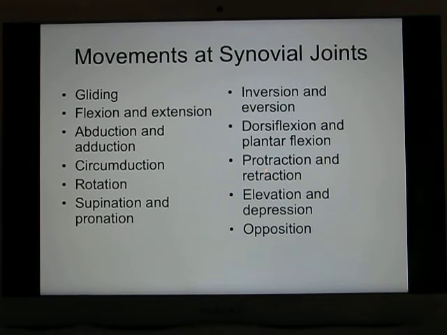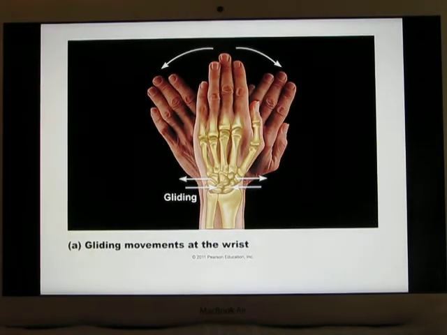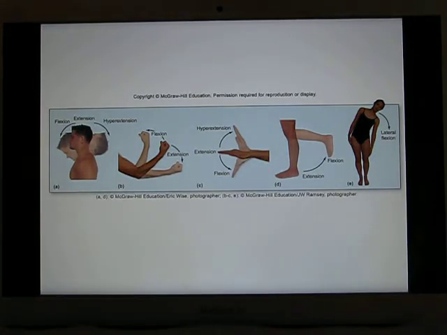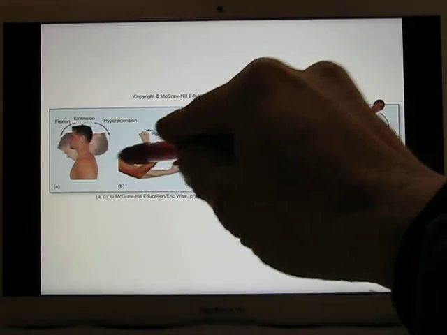Now let's look at the movements of the joint. The first one is called gliding. This is the gliding movement. You're able to do it at your wrist. Next one is called flexion, extension. This kind of joint starts from 180 degrees. Between bone and bone, that's the joint.